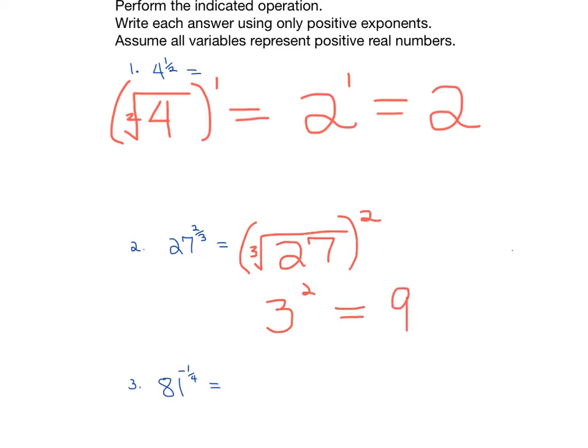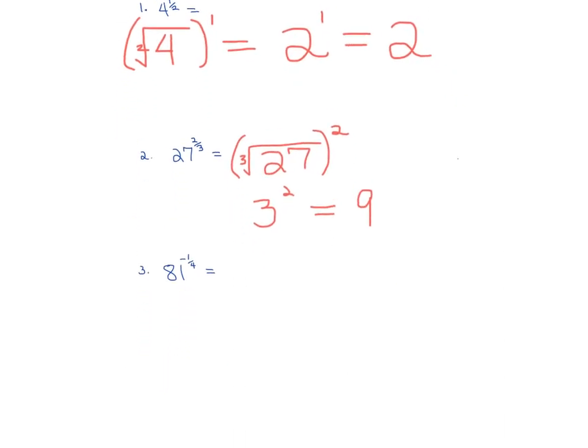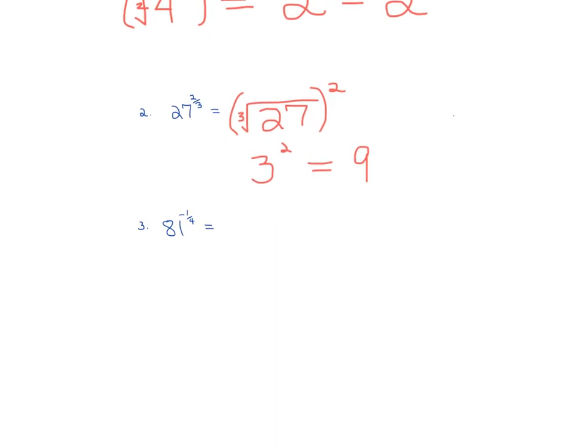This one has a negative exponent here. What did we learn yesterday about negative exponents? What does it do? Turns it into a fraction. Okay, so I'm going to take the 81, put it underneath the 1, and then I could write it as 1 over 81 to the 1/4 power. Now the exponent becomes positive.